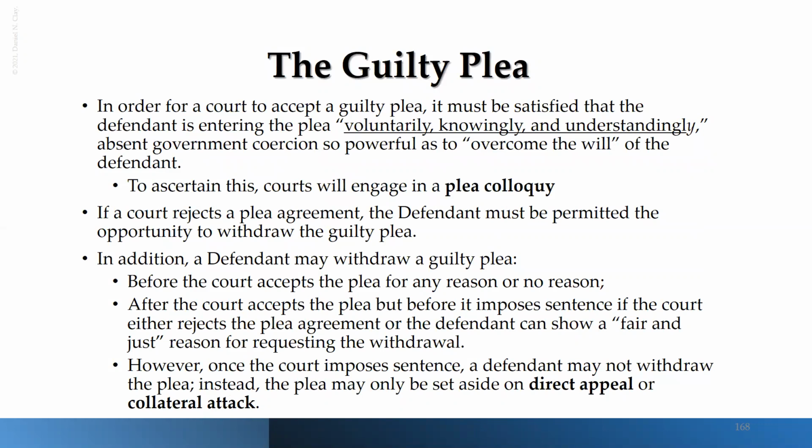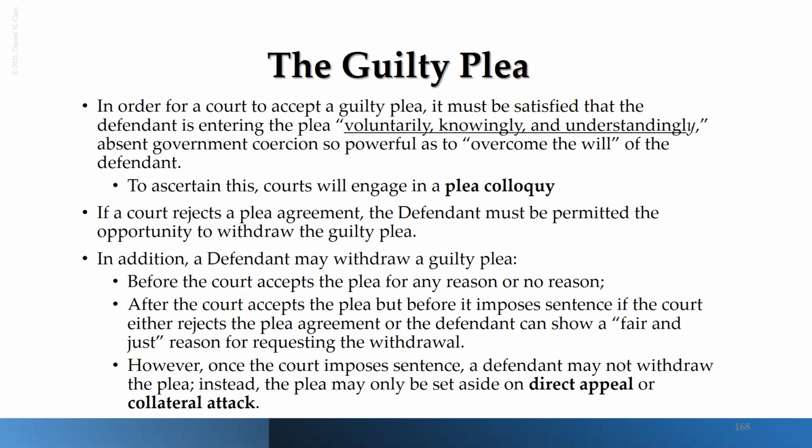Now, I will say this, just as a note, if you do plead guilty, right? So in plea bargaining, you say that you're guilty. In order for a court to accept a guilty plea, the court has to be satisfied that the defendant is entering the plea, quote, voluntarily, knowingly, and understandingly, as well as absent government coercion so powerful as to, quote, overcome the will of the defendant.